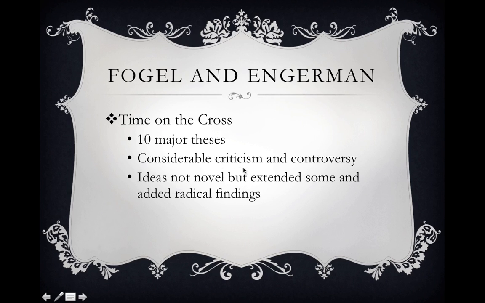So they got a lot of criticism for a couple of the assertions they make, and that was the underpinning of the argument against them: that they came to conclusions that didn't have much basis in the data they had before them. So like I said, some of the ideas weren't very novel. They reinforced some of the research of Conrad and Meyer, but they had some additional findings that some people found radical.